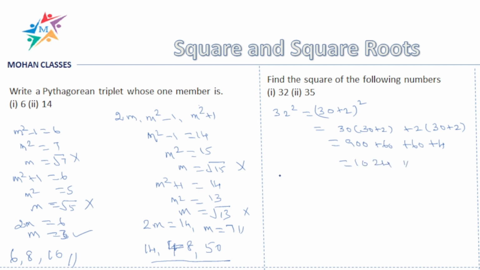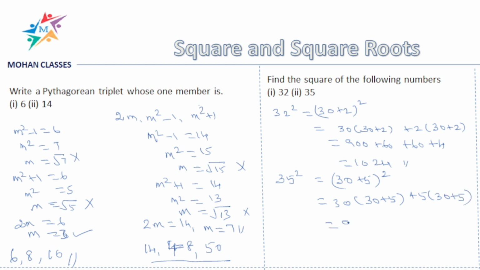What about 35 square? 35 square is equal to 30 plus 5, the whole square. So that is equal to 30 into 30 plus 5 plus 5 into 30 plus 5.